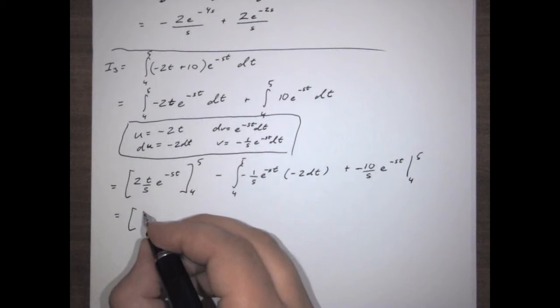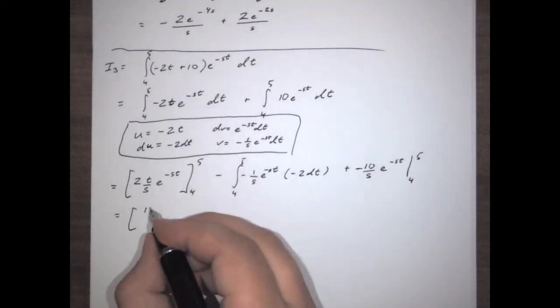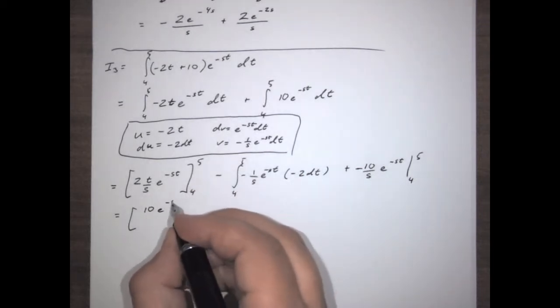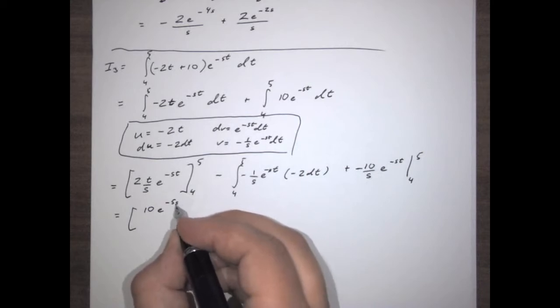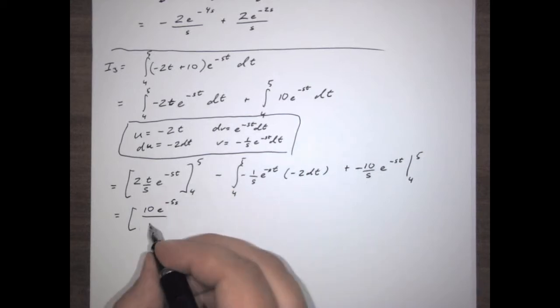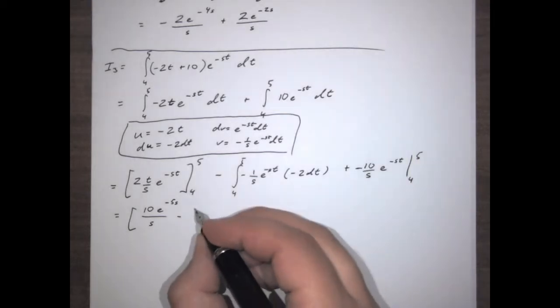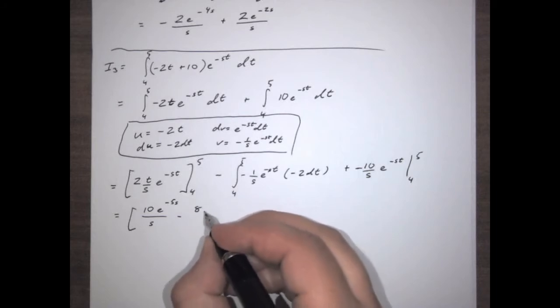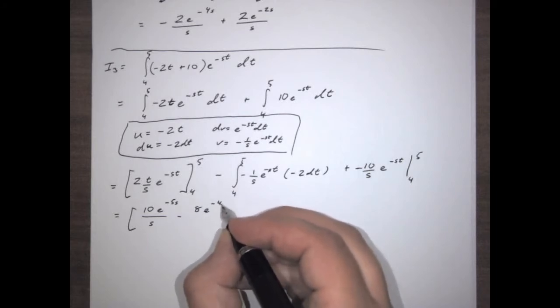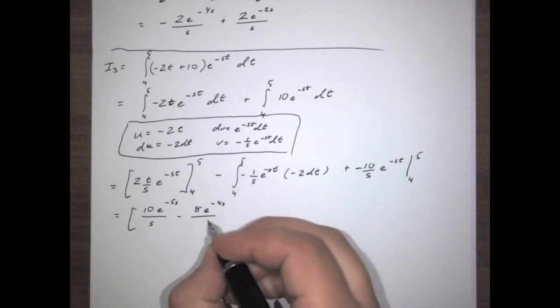So over here we're going to have 10 e to the negative 5s over s minus 8 e to the negative 4s over s.